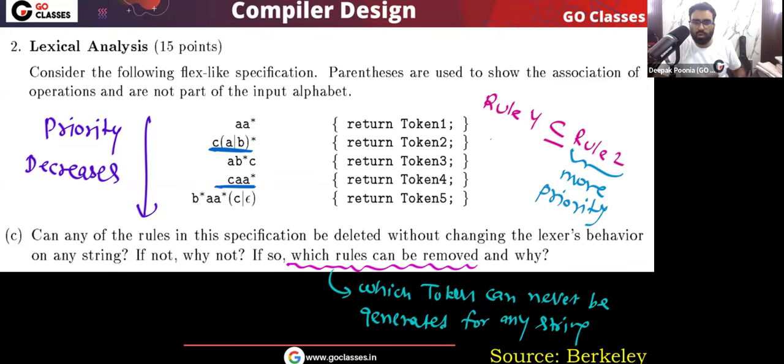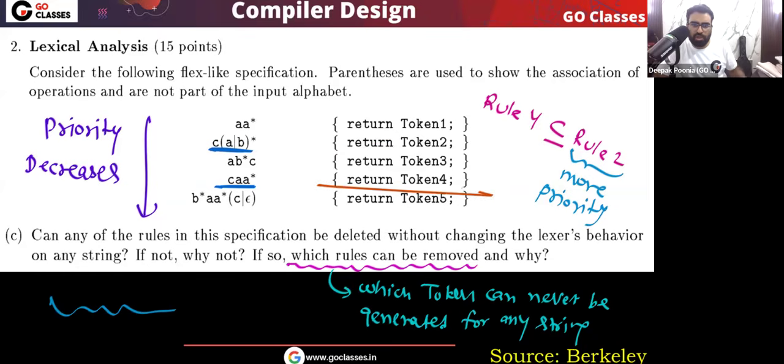Okay, and you can see rule 4 is basically subset of rule 2, because every string that belongs to rule 4, that also belongs to rule 2. Any string that can possibly match rule 4, that will also match rule 2. So for any string, if you generate token 4, then instead you can generate token 2, because of priority.